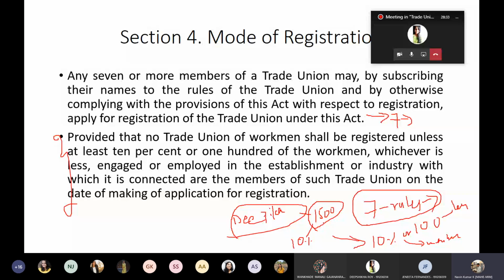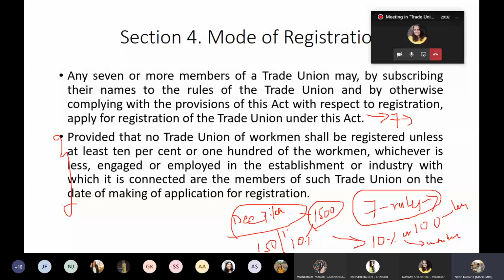How much is 10% of 1,500? 150. But what is the condition? 150 or 100, whichever is less.